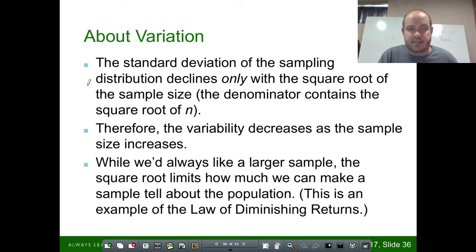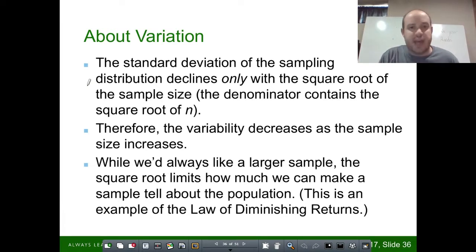Essentially, it's saying this. We don't want our variation or our standard deviation to be very large. The reason why is we want to use this to pinpoint how accurate our sample is. And if our standard deviation is huge, then it gives huge leeway for the averages of your sample.